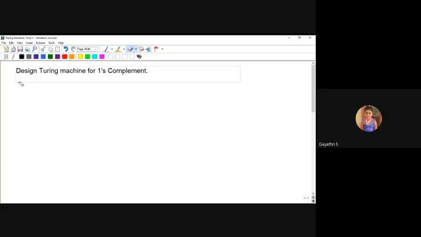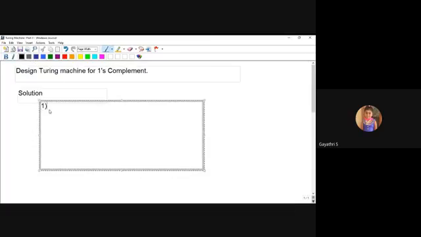So coming to the problem, the algorithm here is that you have to scan the input string from left to right. I will write a few very simple steps. Scan the input string, as usual performing the scanning operation from left to right only.